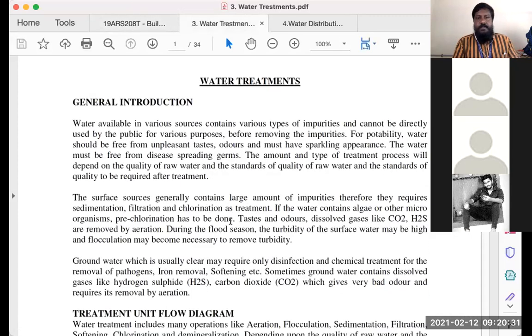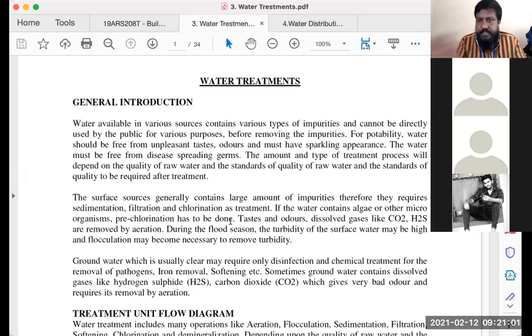Now for water treatment. So in the earlier classes, even the BIS, Bureau of Indian Standards, has specified what should be the ideal characteristics of a potable water. And in the first class we discussed what are the various sources of water, as in surface level water sources and subsurface or below ground water sources.